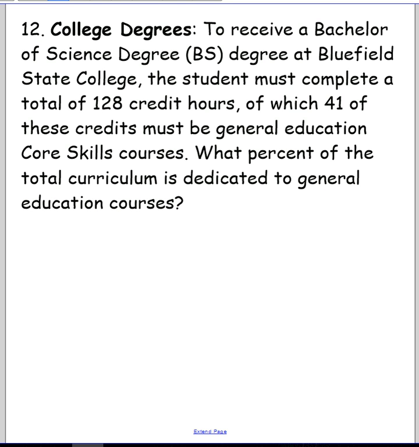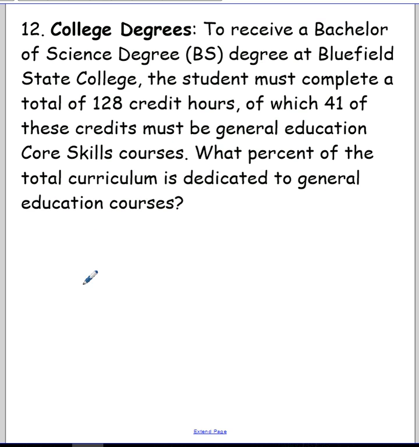Here, to receive a Bachelor of Science degree at Bluefield State College, the student must complete a total of 128 credit hours, of which 41 must be general education or core skill courses. So what percent of the total curriculum is dedicated to general education courses?